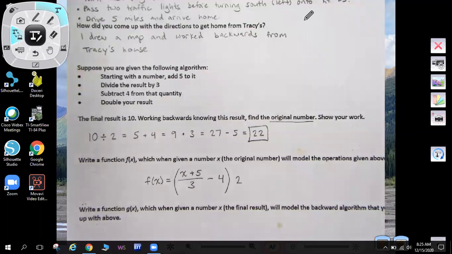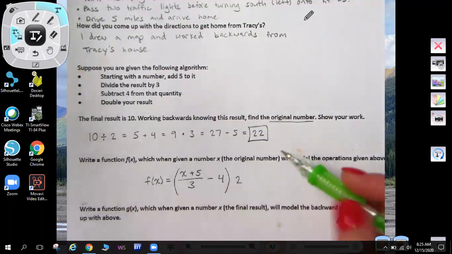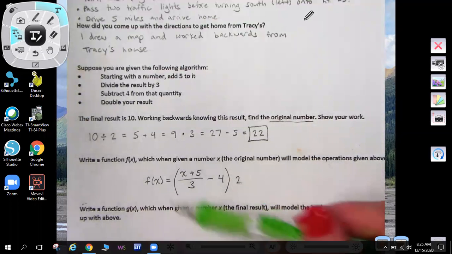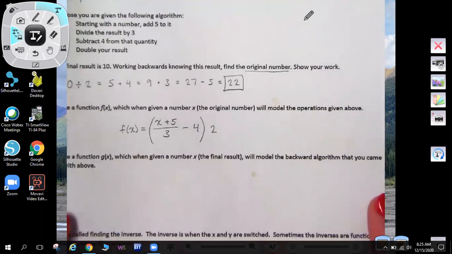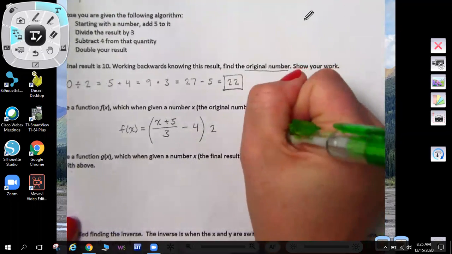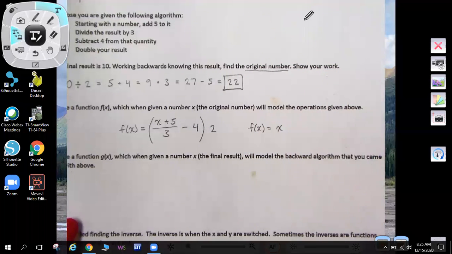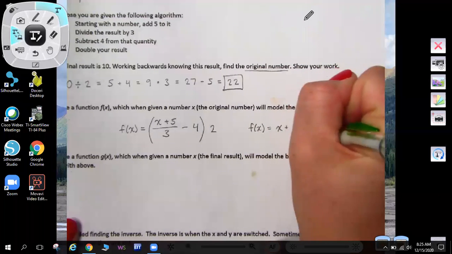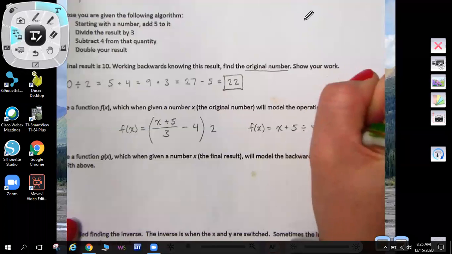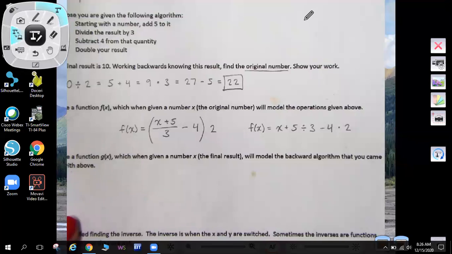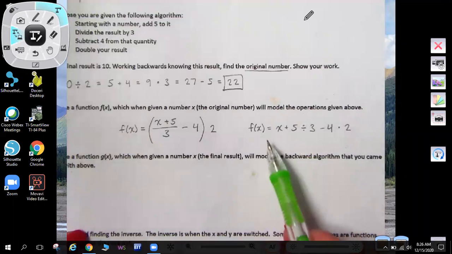Okay, so let me show you an example of an incorrect function here. Your function should look very similar to the one that I've written. Here's what your function should not look like. If you wrote it all in the same line like this, x plus 5 divided by 3 minus 4 times 2, this is incorrect.